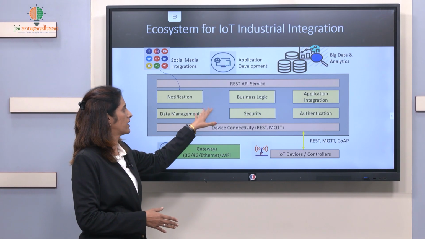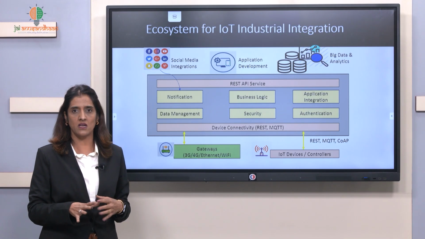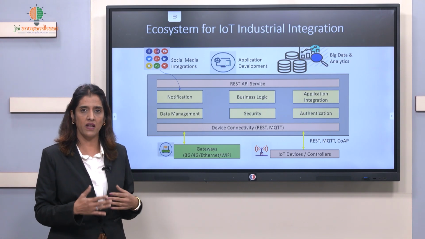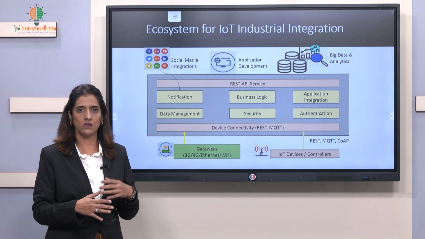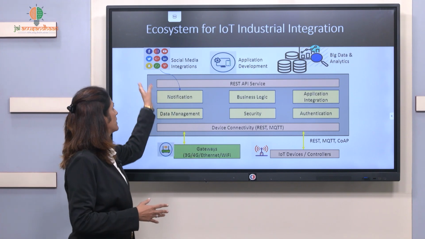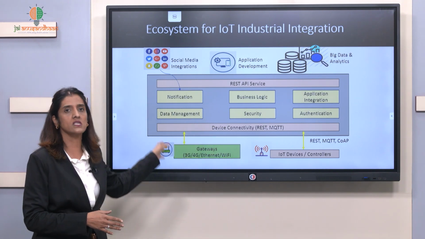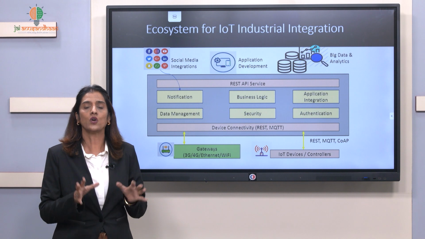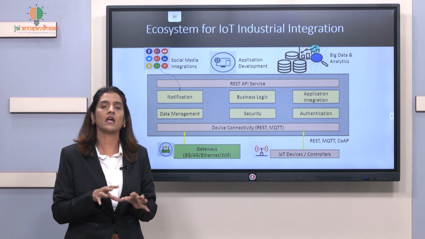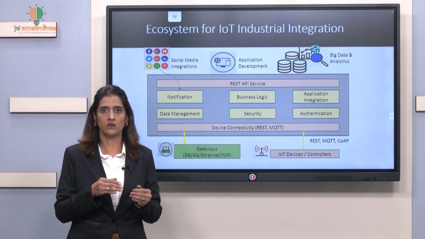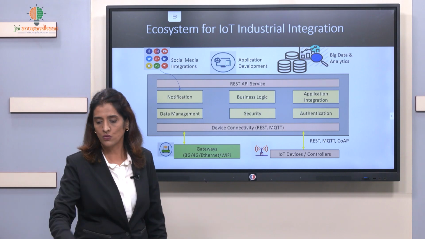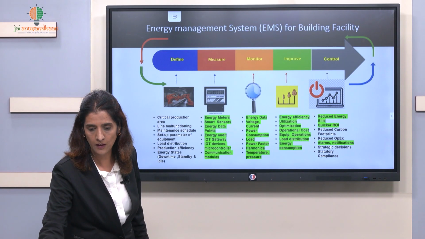This is the middleware layer where your data is getting massaged, analyzed or computed, and the next is the application layer. This is the ecosystem required to integrate any type of IoT use case in the industry. So this is just the ecosystem.